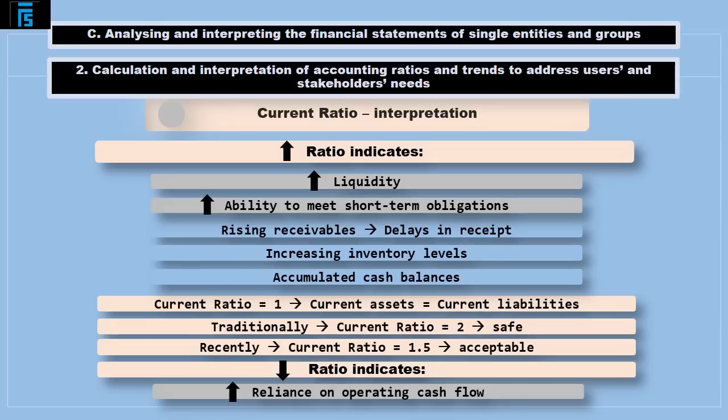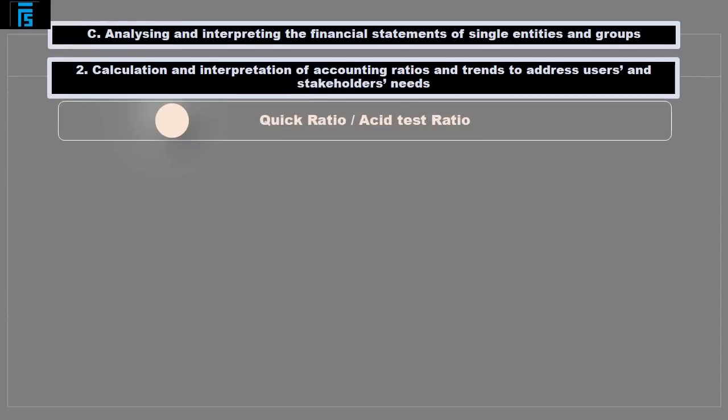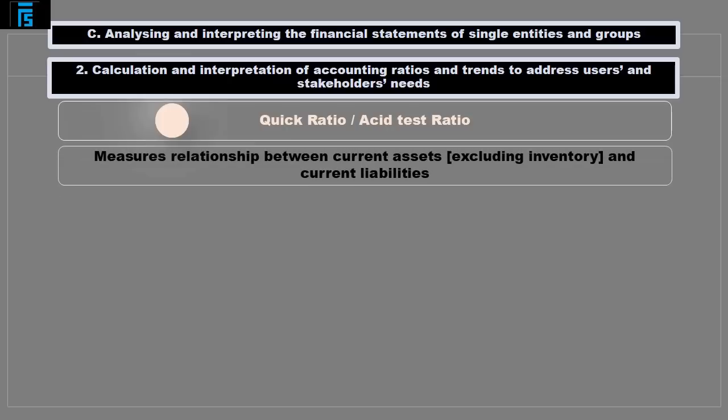The second of the liquidity ratios is the quick ratio, which is also known as the acid test ratio. Its construction is similar to that of the current ratio in the sense that it measures the relationship between current assets and current liabilities.